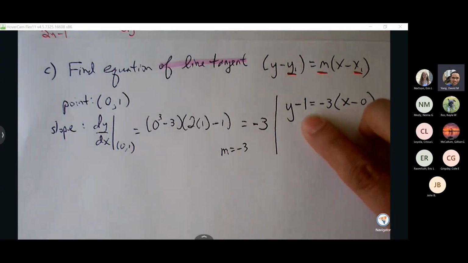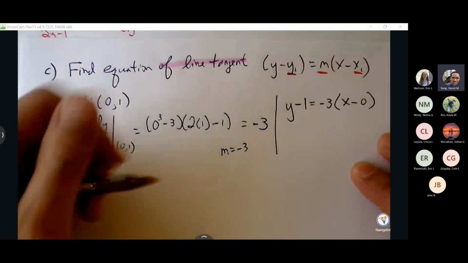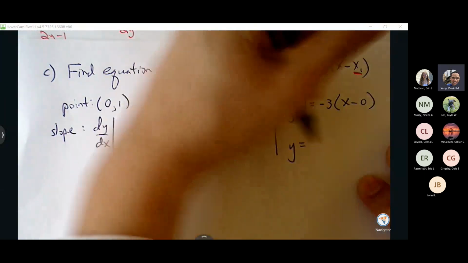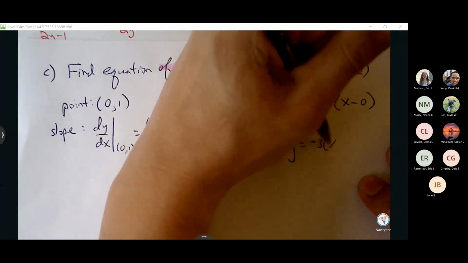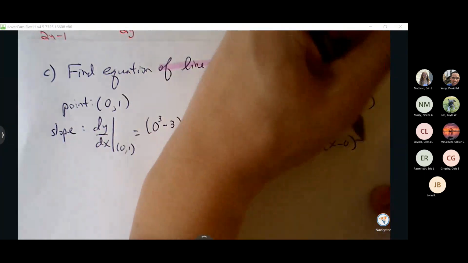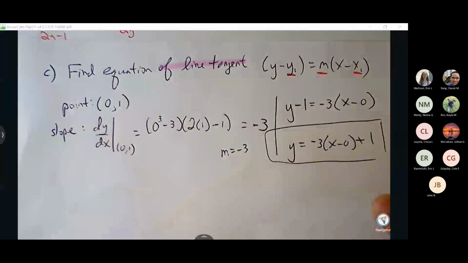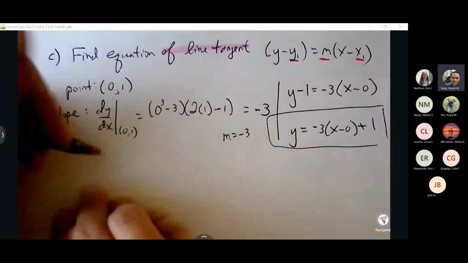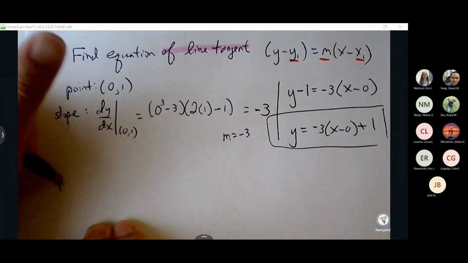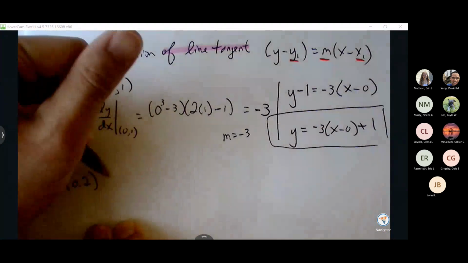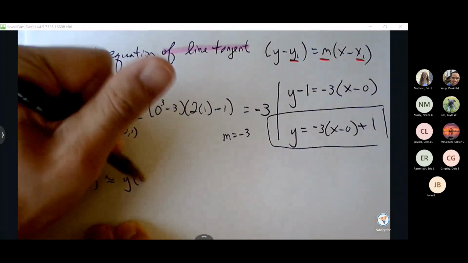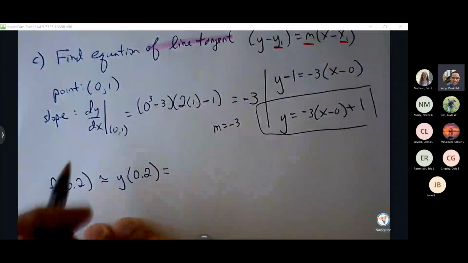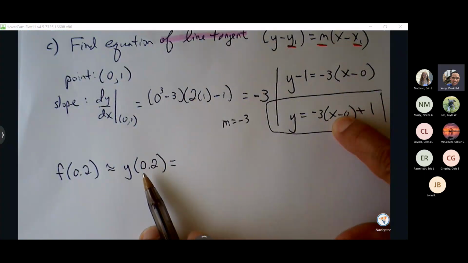Do a little bit of cleanup here. I'm just going to add that 1 over to get y by itself to get myself ready for the next stage. Now that I have my line tangent, I'm going to do my linear approximation, which is approximate f of 0.2. That just means inserting 0.2 and replacing x in my tangent line equation.